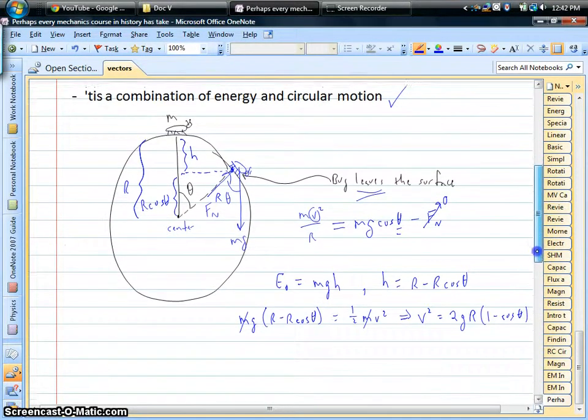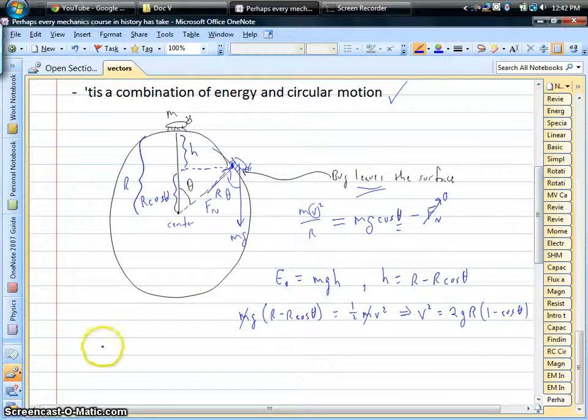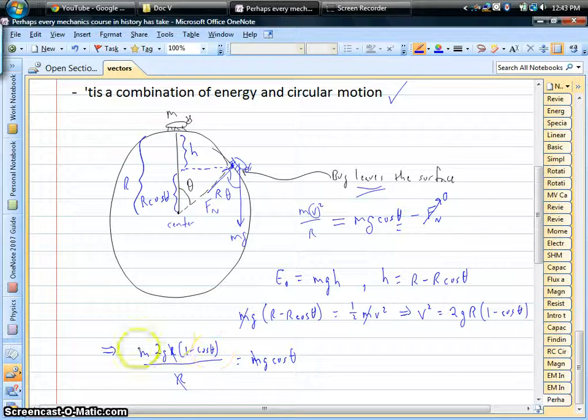Let's put that back into the centripetal equation. Now we have mass times v squared, which is 2gr times (1 minus cosine theta), all over the radius. And that's all equal to mg cosine of the angle. Radius drops out, mass drops out once again, even the acceleration of gravity drops out.